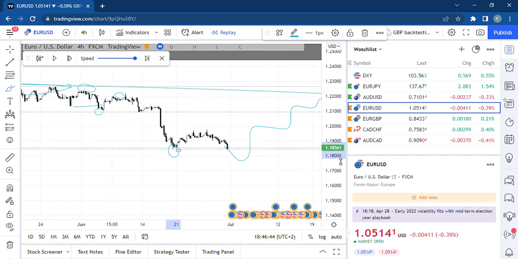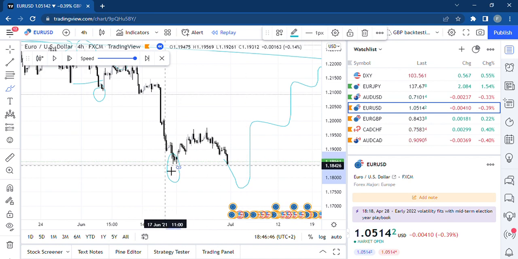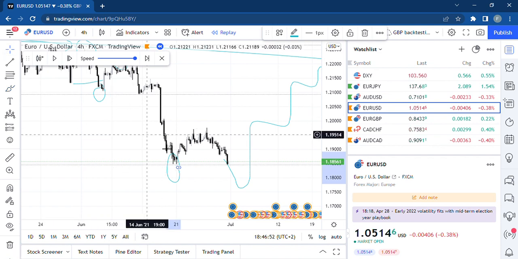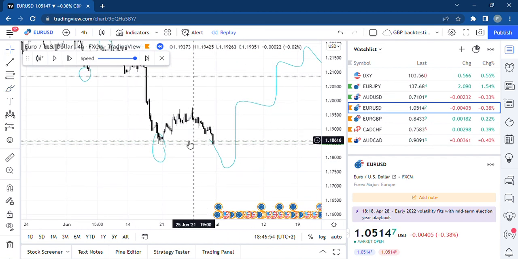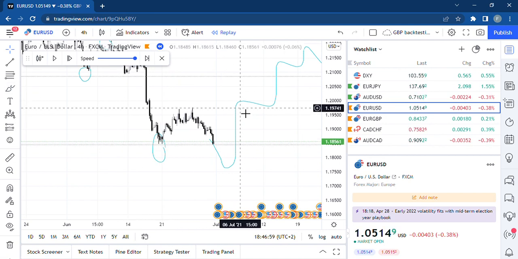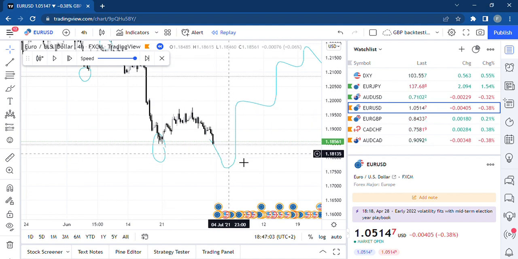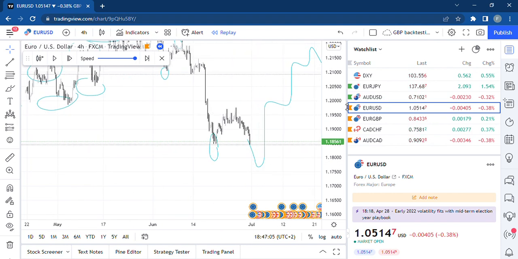Now this is where support and resistance traders actually mess up a lot, because at this point they think that price might be creating a double bottom, which might not be wrong, but it might also not create a double bottom. And most of the time they're like, yo, it's creating it.